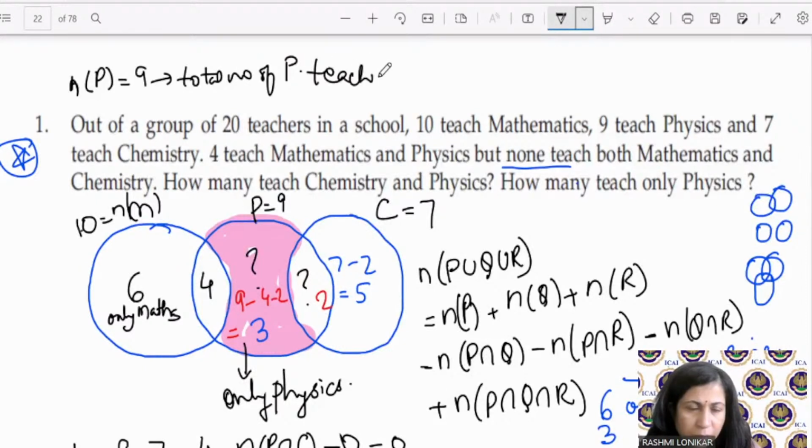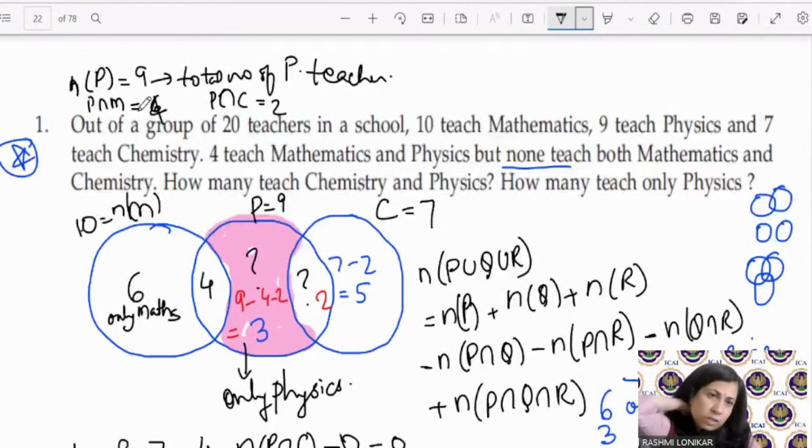Then what is P intersection M? Physics teachers who also teach mathematics. This is 6. Right now, after calculation, we found out physics intersection chemistry. How many are there? 2. No, this is 4. Physics and mathematics, the number of teachers are 4.